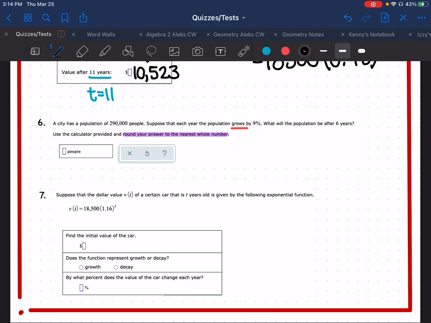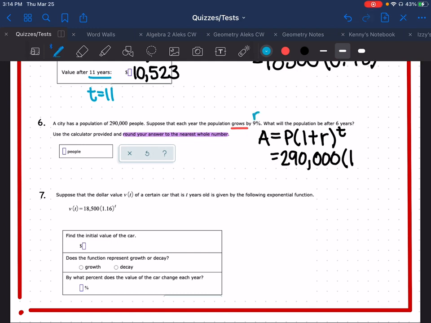Okay, so it is talking about growth. So I did underline that because that tells me to use this formula. All right, the initial amount would be the 290,000 people that we started with. My rate is right here.